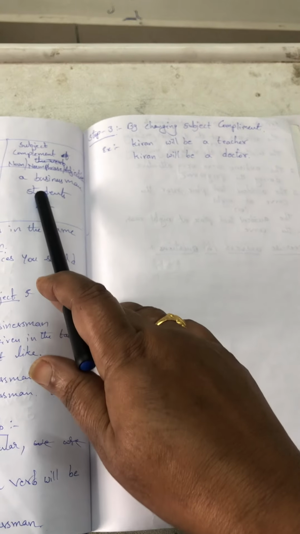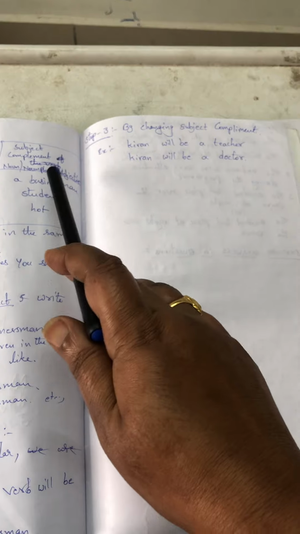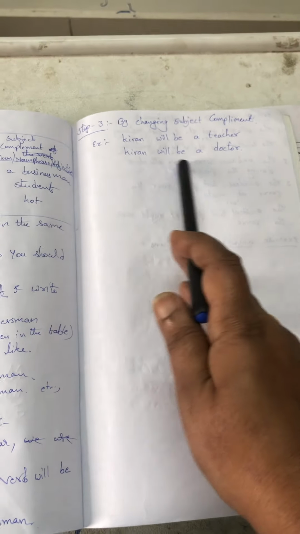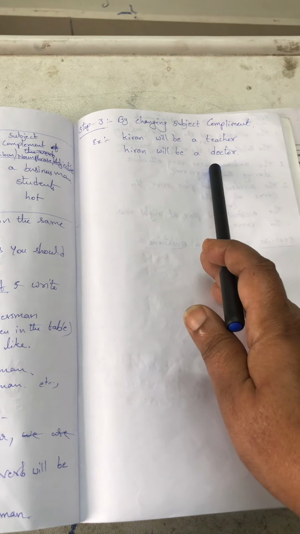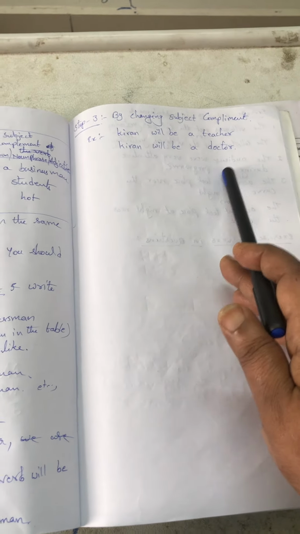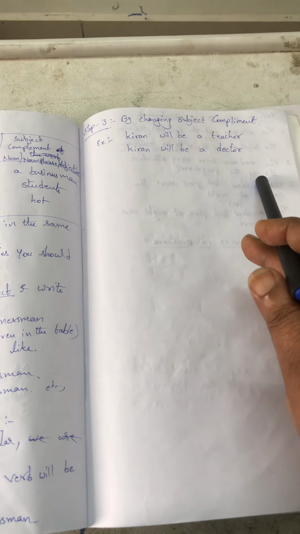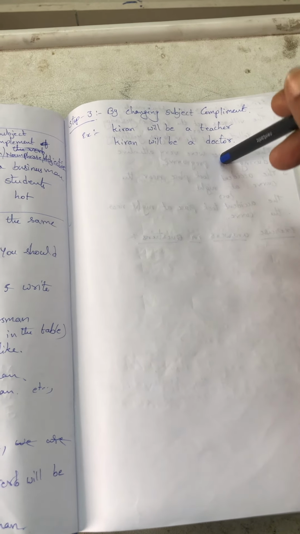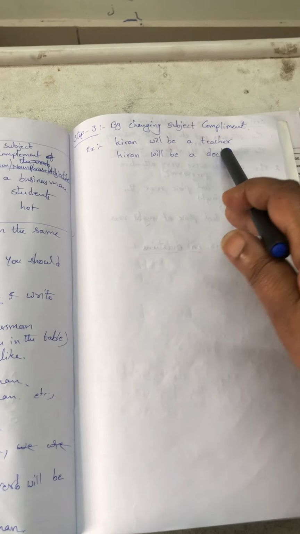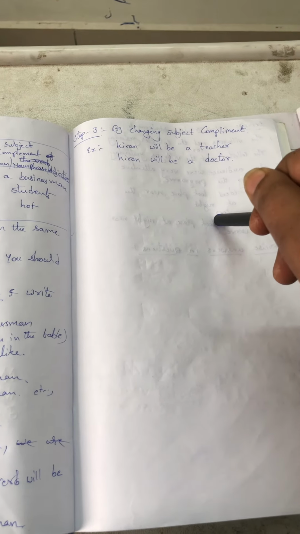Now here the subject complement is a businessman. No? So we have changed it into a teacher. Kiran will be a teacher. Kiran will be a doctor. Kiran will be a lawyer. Like that. Changing only the subject complement.